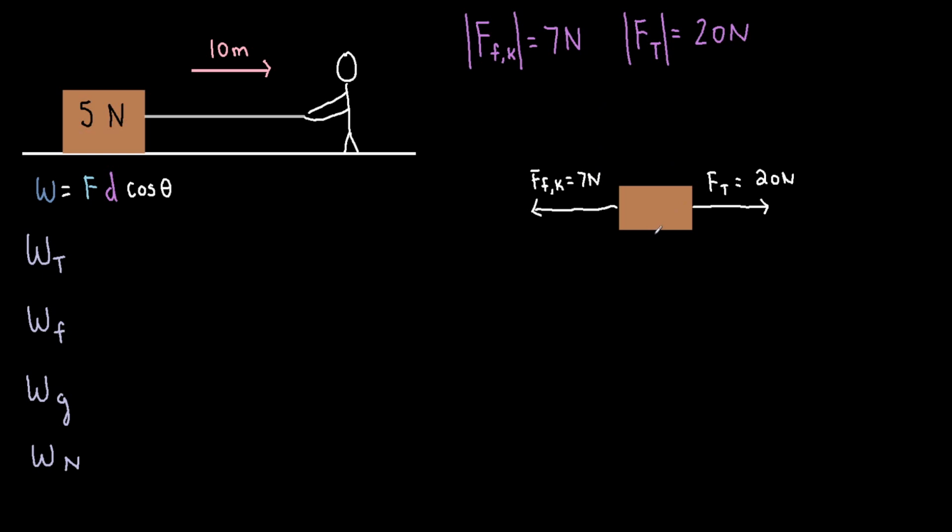We will have our gravitational force pointed downward, and that's going to equal 5 newtons. And lastly, we'll have our normal force pointed upward, and that's also going to equal 5 newtons. And let's also write down the direction of our displacement, because that's going to be helpful for later on.